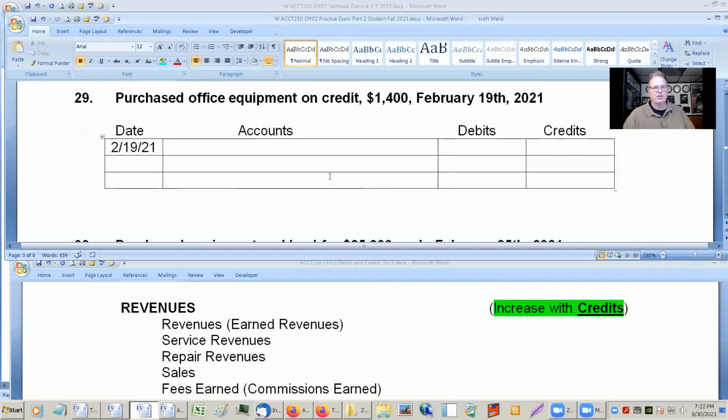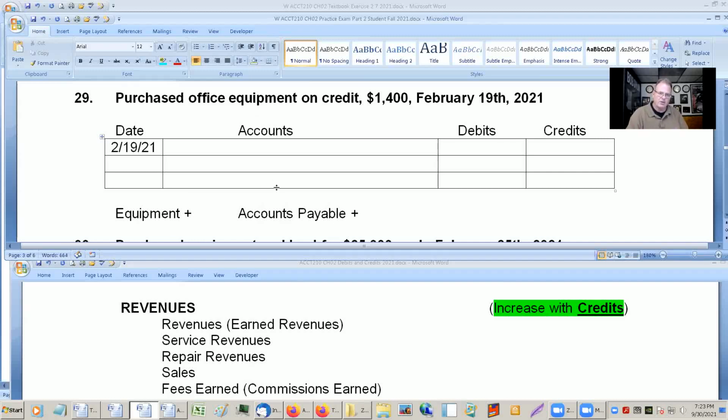Purchase office equipment on credit. So it will be equipment and accounts payable. Good. Is equipment going up or down? It will go up. And accounts payable? It will go up. That's the one I think is the hardest to visualize, the accounts payable, because you think, okay, that's negative, right? We owe money.